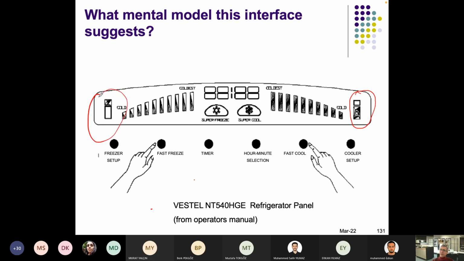There is a setup for the freezer part. So obviously the left part is for freezer, right part is for refrigerator part, fresh food. Each of them, there is a clock here. There is a cooler setup. There is a freezer setup here. So by pressing these, you increase the level of cooling here. By pressing freezer, you increase level of cooling here.